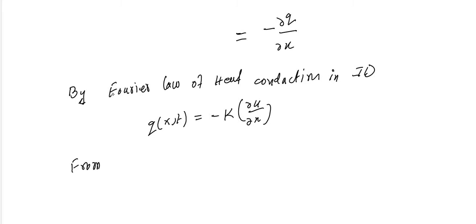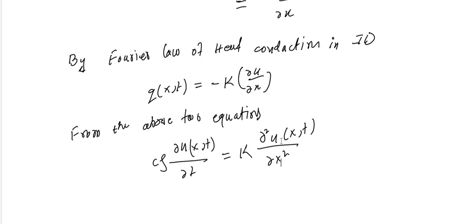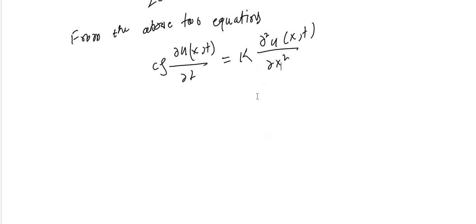So from the above two equations, what you can conclude is that the partial derivative of u(x,t) with respect to t equals kappa times the second partial derivative of u(x,t) with respect to x.